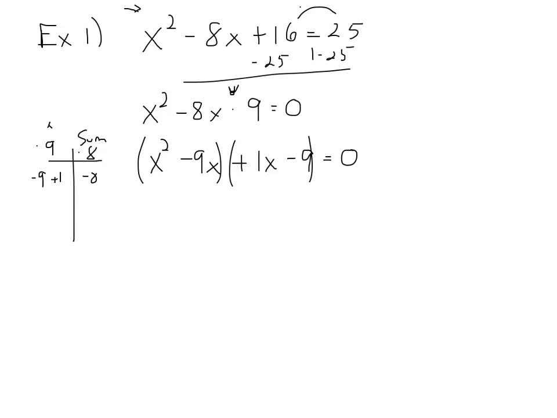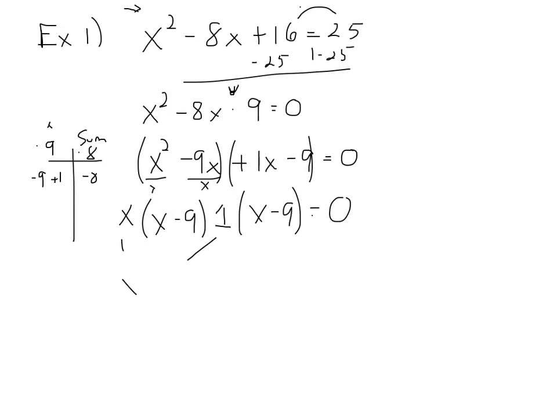For the first one, I can just pull out an x, leaving me with x minus 9. This one, I can only pull out a positive 1, leaving me with x minus 9 equals 0. Hug your two GCFs, so x plus 1 and x minus 9.